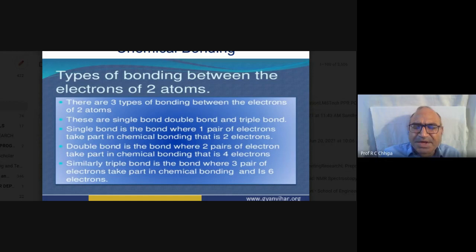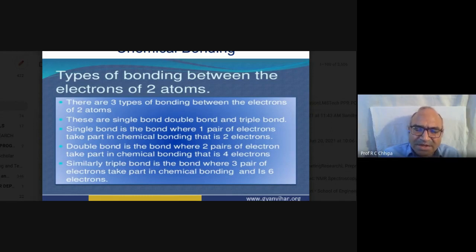So there are three types of bonding between the elements of two atoms. Two or more may be there, but we can simplify by using two atoms: sodium and chlorine, sodium cation and chlorine anion.